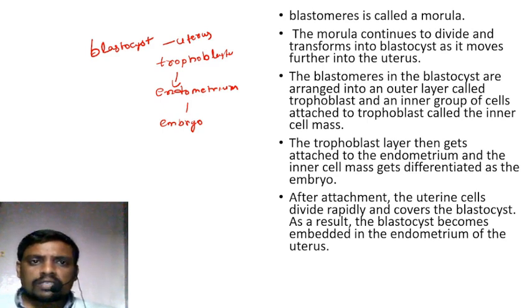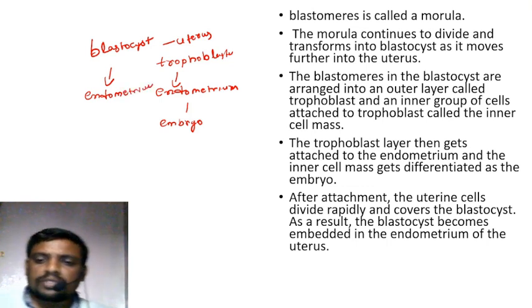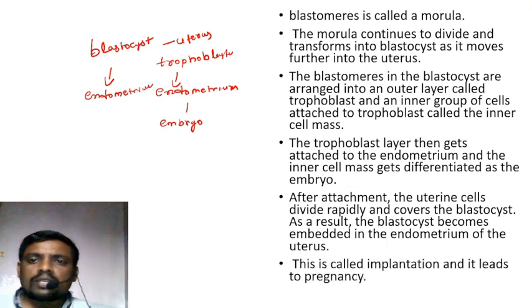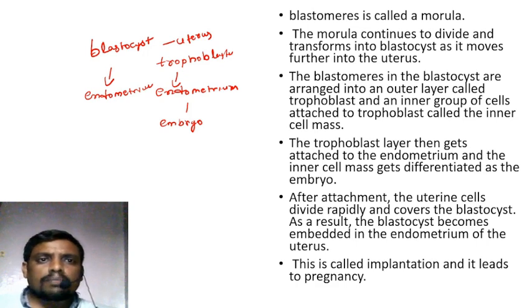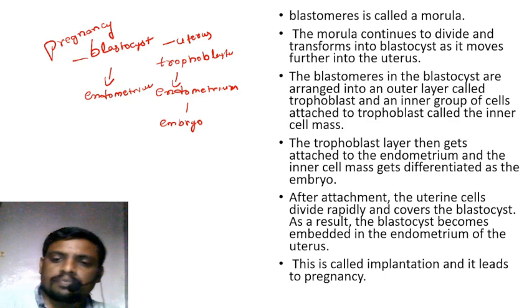Now the blastocyst becomes embedded in the endometrium. It's completely embedded in the endometrium of the uterus. This is called implantation. This implantation leads to a process, commonly called pregnancy. What is that called? Pregnancy.